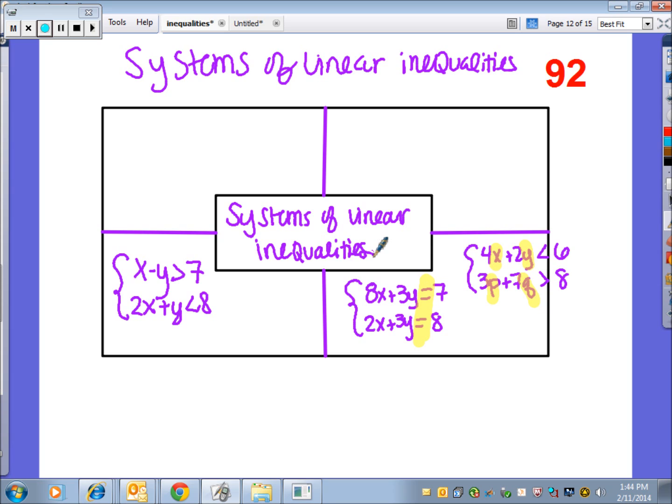So the definition for a system of linear inequalities would be two or more linear inequalities in the same variable.